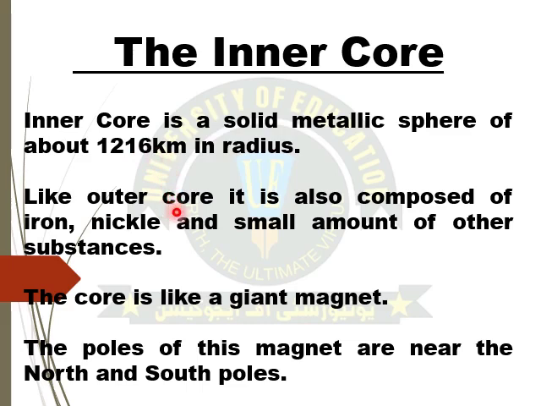Same as the outer core, it is also composed of two major constituents, in which number one is iron, number two is nickel. But there are some different substances that are also present in the inner core.